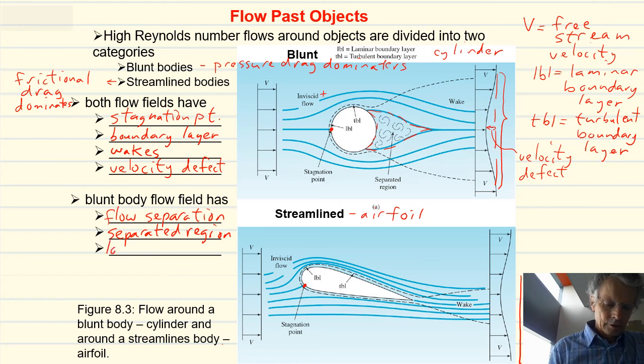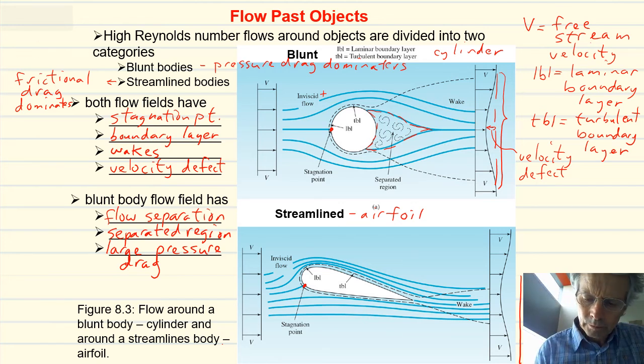And in the blunt object case, we are going to have a large pressure drag. Okay. In a blunt object, frictional drag is still occurring. It's just that the pressure drag is much greater than that.